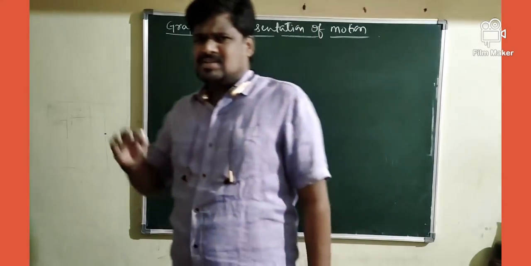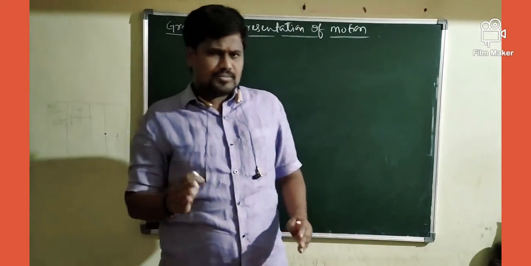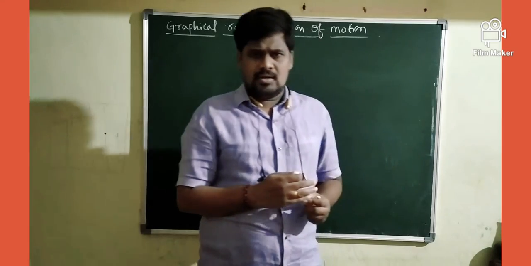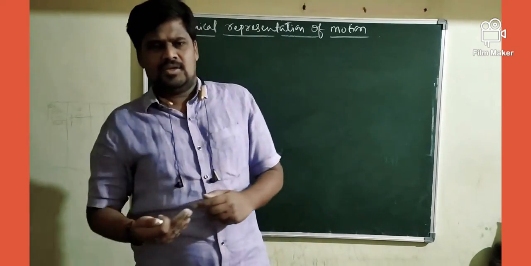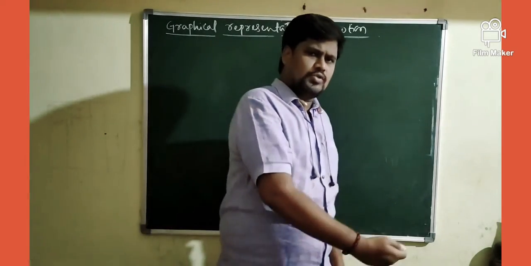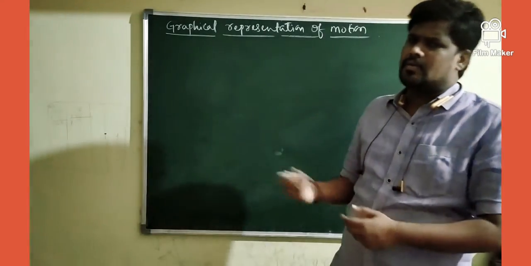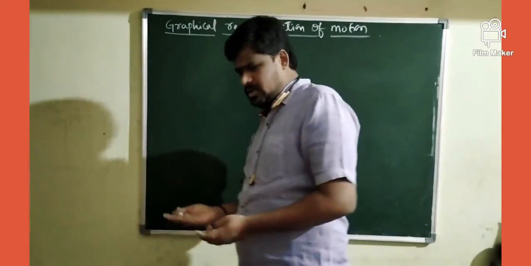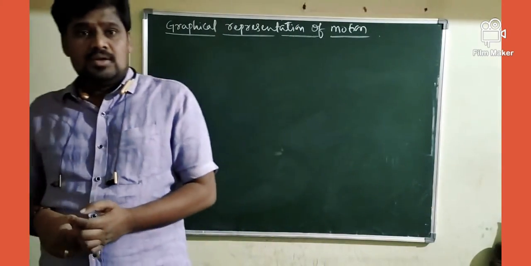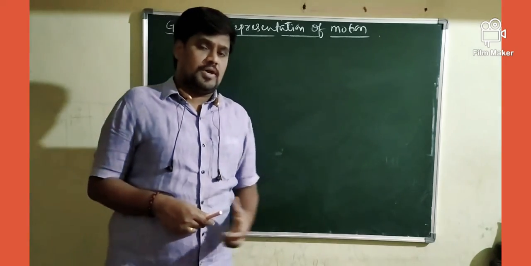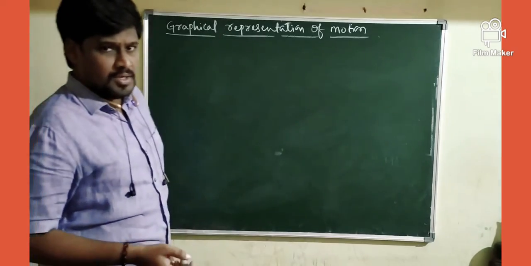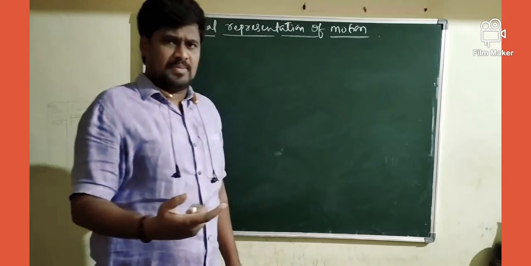So the graphical representation of motion is the simplest method to analyze how the body covers different distances in different intervals of time, how the velocity of a moving body can change, how the acceleration of a body can be determined, and how the speed of a body can be determined.